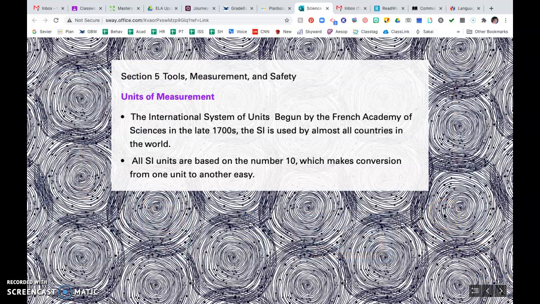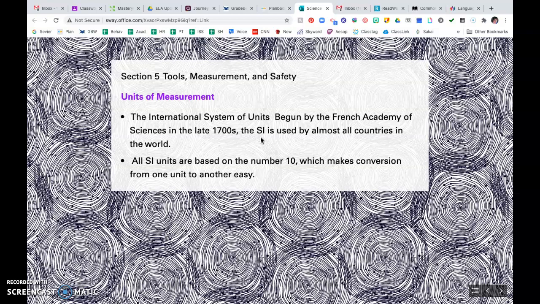The International System of Units actually started out in the late 1700s by the French Academy of Sciences. It's abbreviated down to just SI, and it's used by almost all countries in the world, with the exception of the United States.